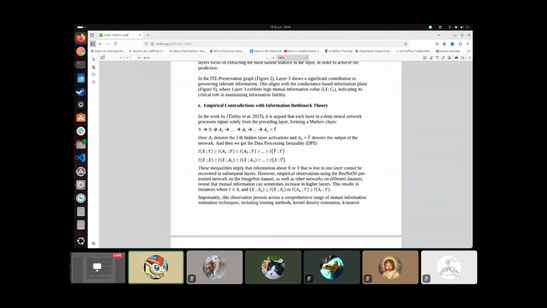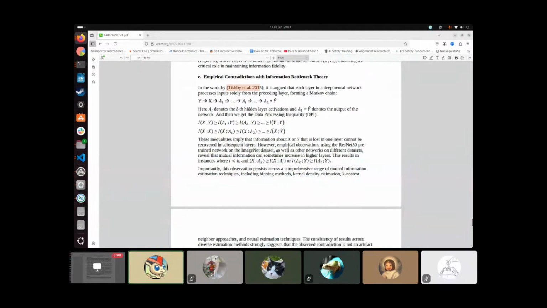I don't know what you would expect when you have skip connections. But I guess we will have to actually read the information bottleneck paper to figure out why they say that. I would also have guessed beforehand that it's not true.